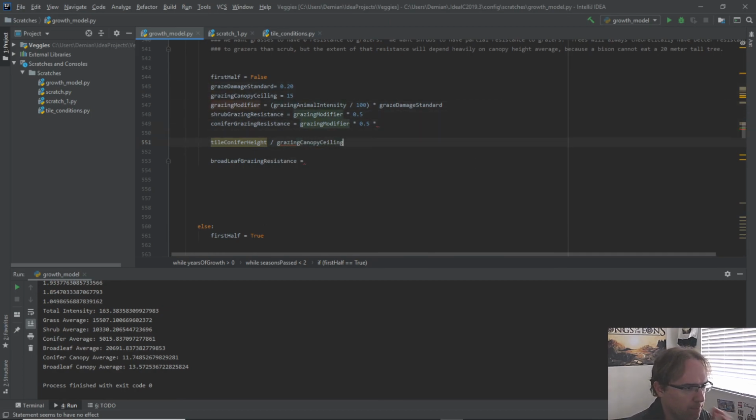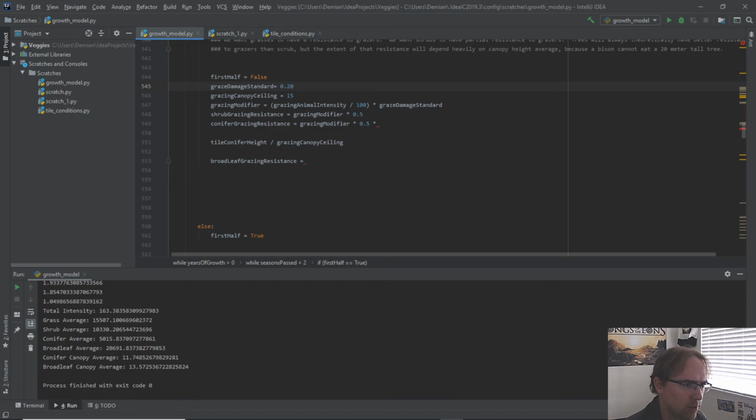The thing is, what's the actual damage that's done? Grazing damage standard. Right, okay, so for grasses, assuming we have 100% grazing capacity, grasses would lose 20%.